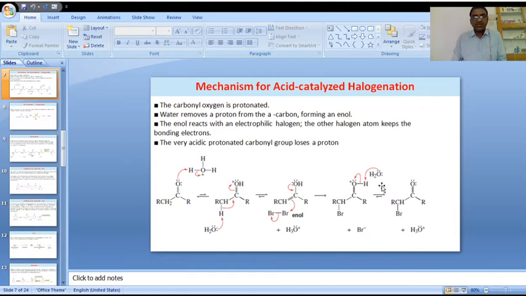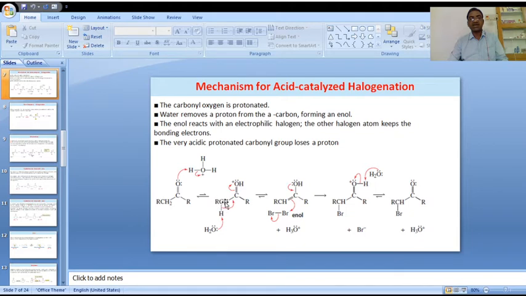This is the mechanism part of this particular acid catalyzed halogenation reaction. Here, in this reaction, first the carbonyl oxygen of the carbonyl functional group is protonated. This is the protonated carbonyl compound. From this protonated carbonyl compound, water removes a proton from the alpha carbon.